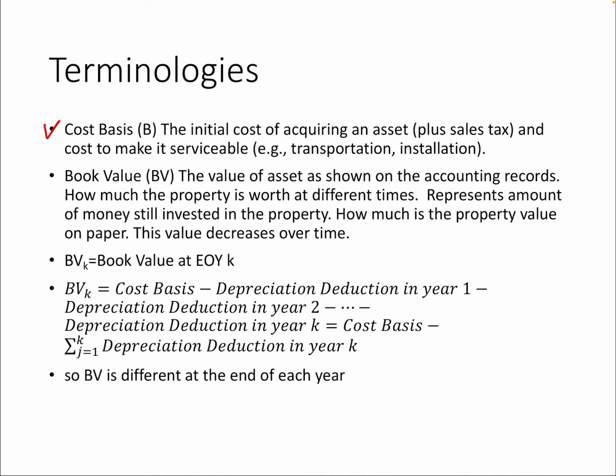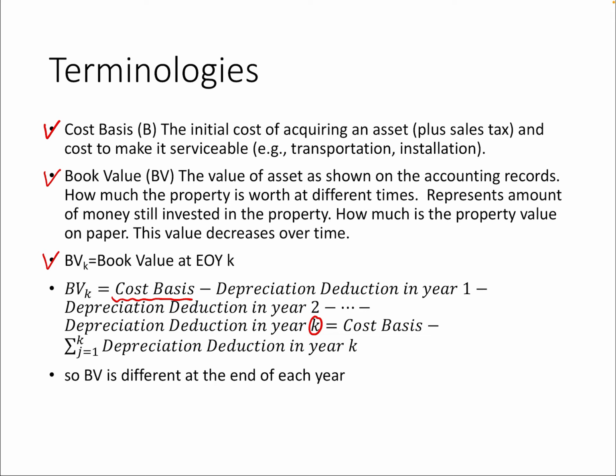So we have talked about the cost basis, the book value, and the BVK. Then we need to understand the BVK is always the cost basis minus the depreciation deduction in year one and minus the depreciation deduction in year two until the depreciation deduction in year K. Okay, so you need to use the cost basis B to minus all the depreciation deduction during the K years.